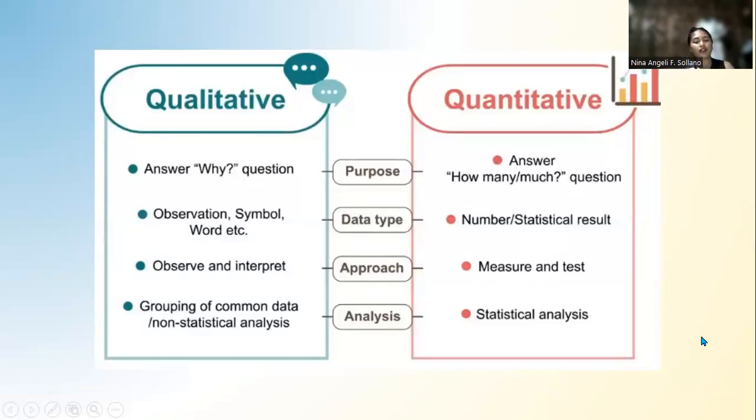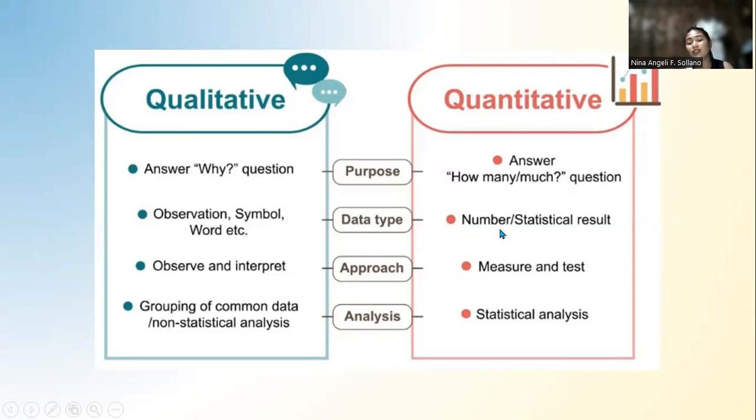Another brief description for quali and quanti. For quali, it answers the question why. So it's the purpose. And in quanti, it answers the question how many or how much. In quali, the data type is observations, symbols, and words.